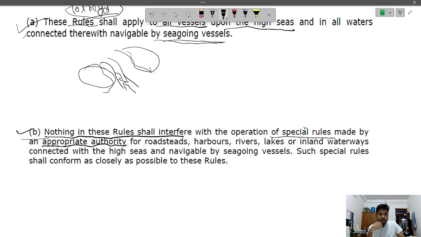The government will also ensure that its special rules conform, so that they are not opposite to the COLREGs. The authority will try to make such rules as close and similar to the ROR as possible.